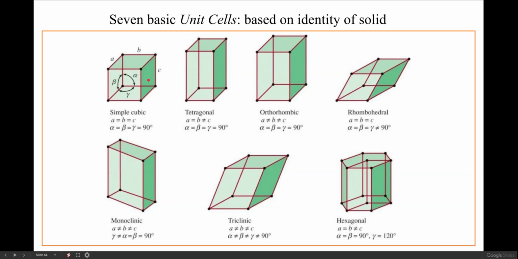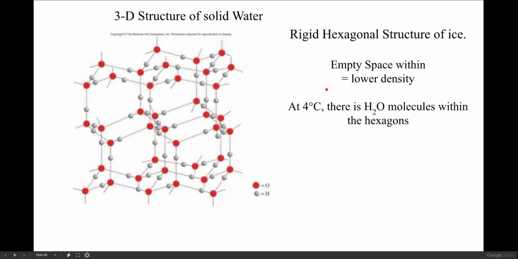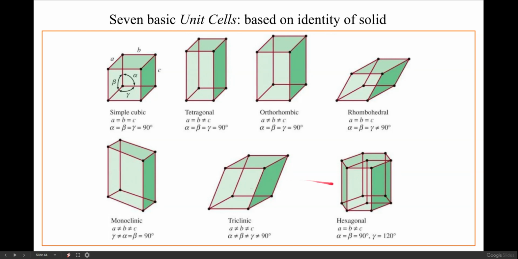But tetragonal has one longer side than the other two, or orthorhombic where none of the lengths are the same, or rhombohedral or monoclinic where not all the angles are 90 degrees. Triclinic, hexagonal. So most solids, when they crystallize, will adopt one of these configurations.